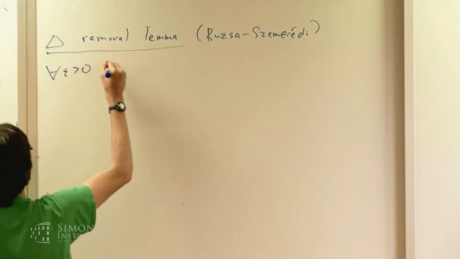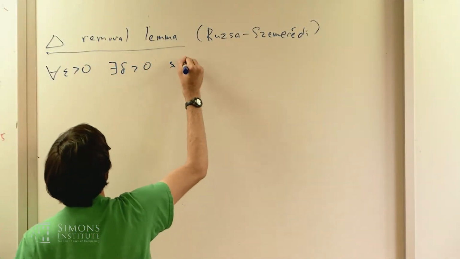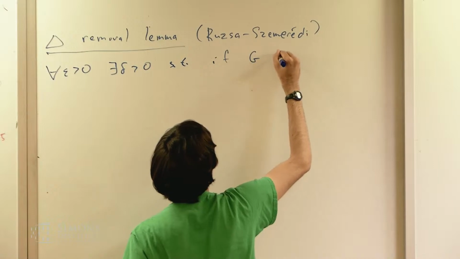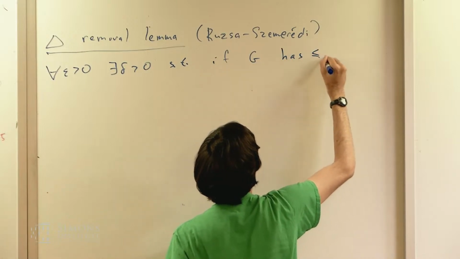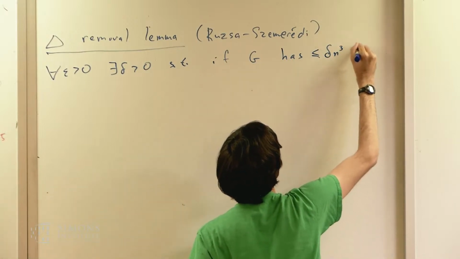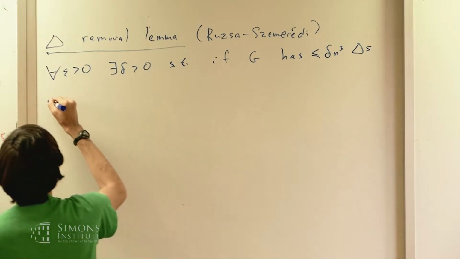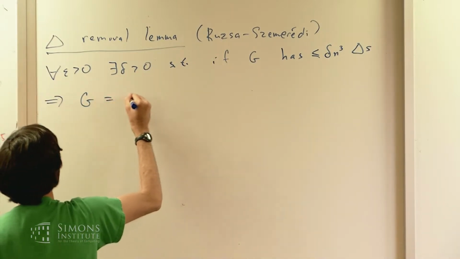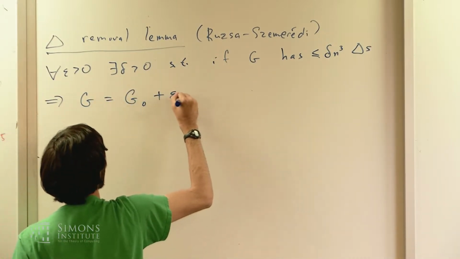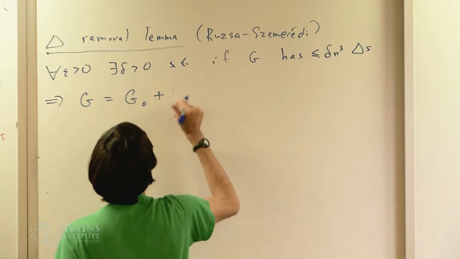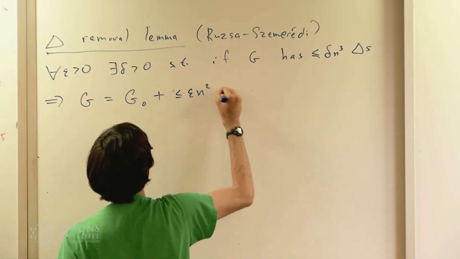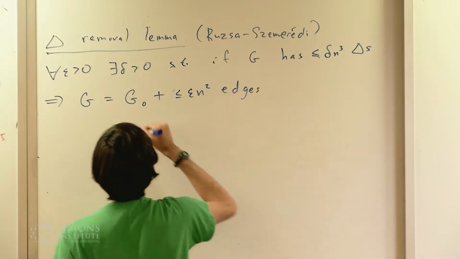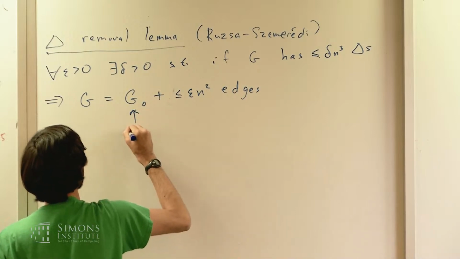For every epsilon, there exists a delta such that if G has fewer than delta n cubed triangles, then I can write G as G0 plus at most epsilon n squared edges, where G0 is triangle free.